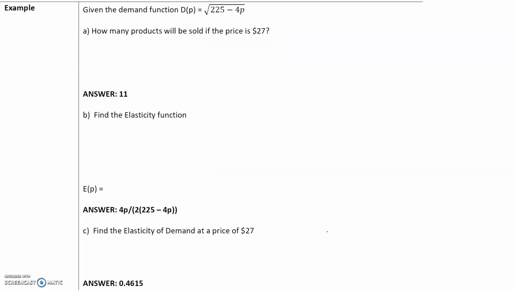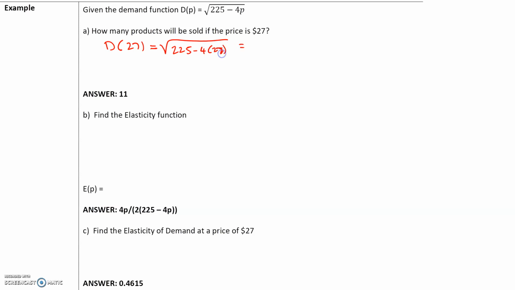Okay, another example. Given the demand function D of p equals radical 225 minus 4p, how many products will be sold if the price is 27? Now, D of p just means the demand at a price of p. So the demand at $27 is equal to the square root of 225 minus 4 times 27.